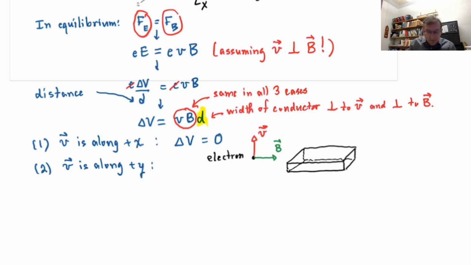First do V cross B. Which way is that direction? If there's the V and the B. Did you say, for right-hand rule, V cross B would be into the screen? So what's the direction of F magnetic? It's an electron, so out of the screen. So I'm going to denote that, I'll use this picture, that way.